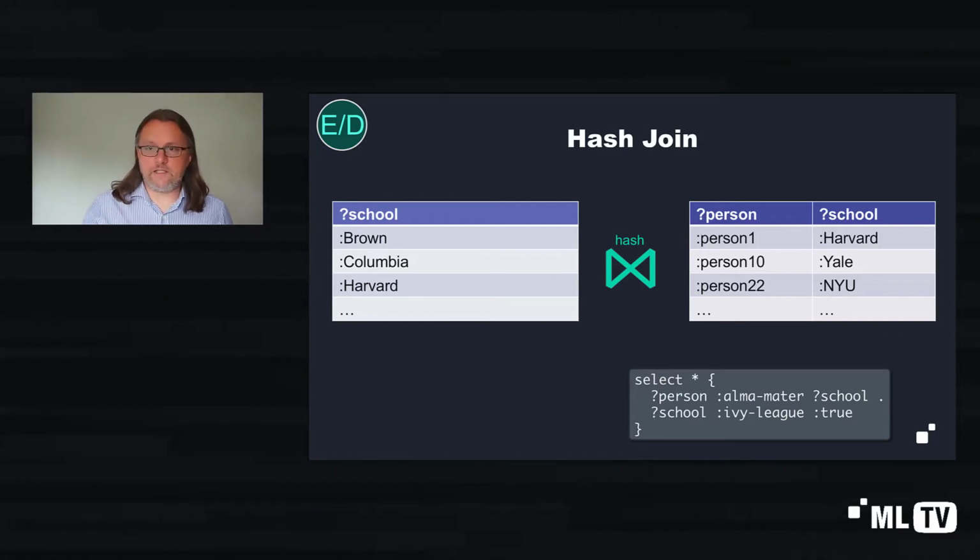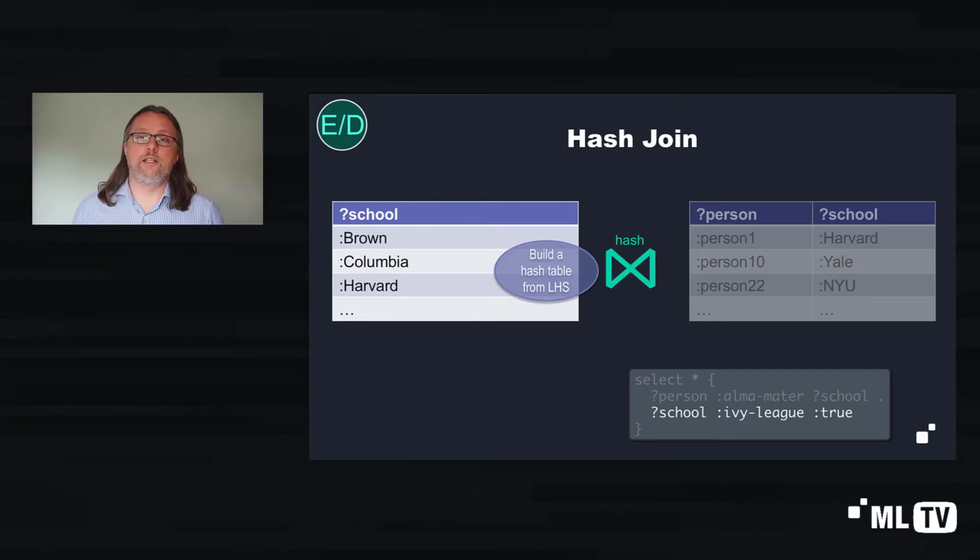So in this case, we've got a query here. You can see the SPARQL query equivalent at the bottom. In this case, we're going to take that left-hand side and build a hash table where the hash value is mapped to the row from that left-hand side.